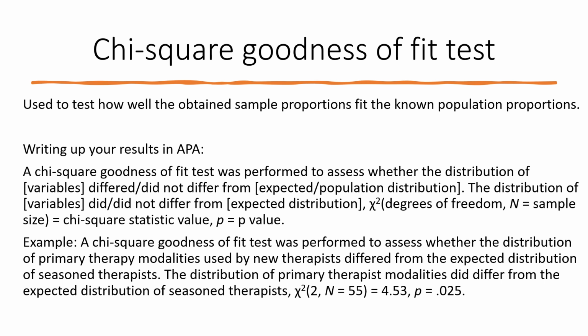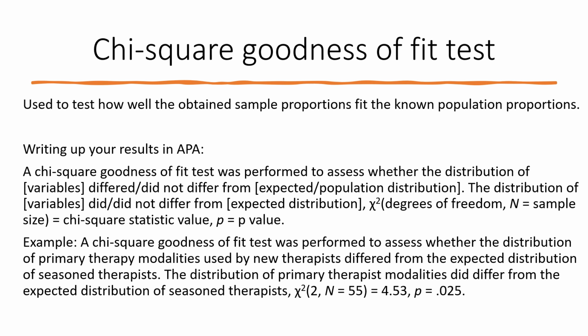You would have your chi-square, and then in parentheses, you would have your degrees of freedom and your sample size, and then equals the chi-square statistic value, followed by p, your p-value. So for example, a chi-square goodness of fit test was performed to assess whether the distribution of primary therapy modalities used by new therapists differed from the expected distribution of seasoned therapists.